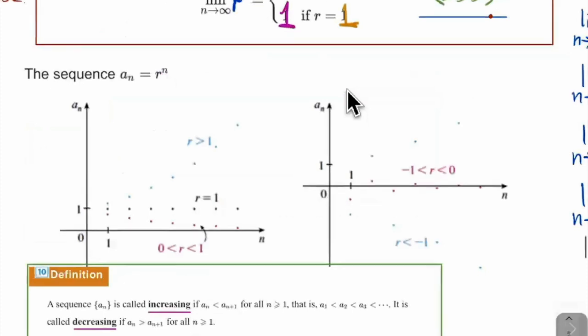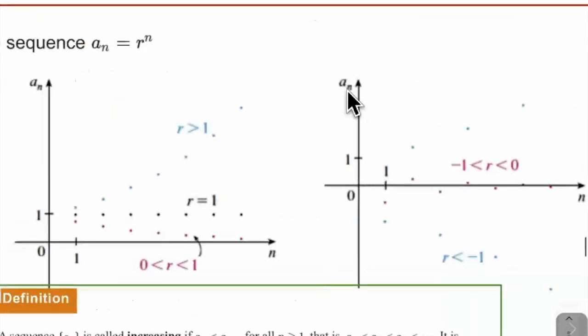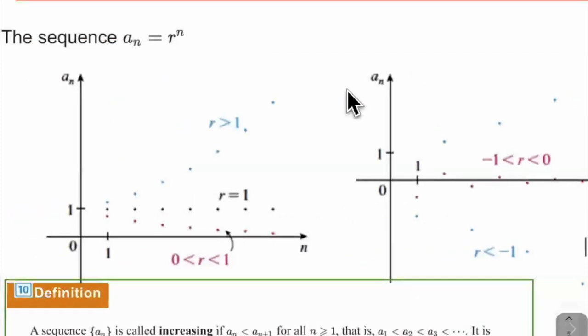Actually, I have a picture over here. When r is between 0 and 1, like 0.5, the limit of r to the n goes to 0. You see here, the pink one goes to 0. When r is equal to 1, 1 to the n power is 1, so it stays as 1.